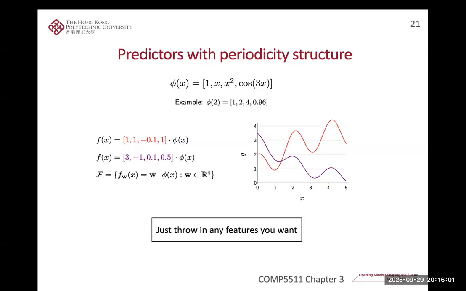So these three different kinds of predictors show that even with linear models, we still have a way to handle nonlinear features, like the piecewise constant predictor and the periodicity structure predictor, right? So these are for regression, for the regressor.